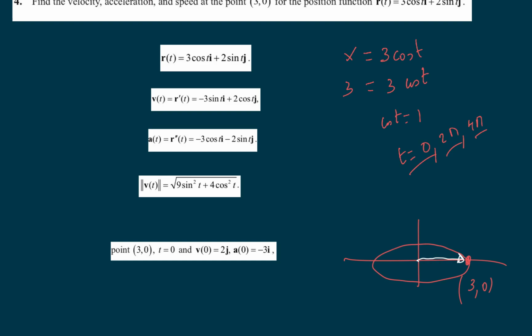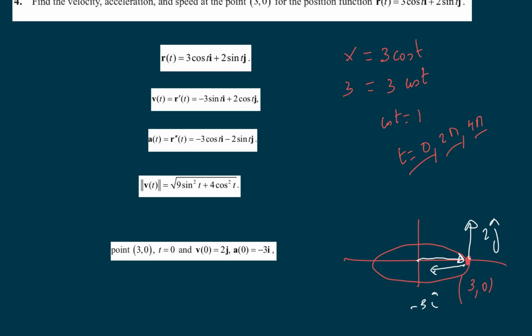The vector velocity at (3, 0), at t equals 0, is 2j, this vector. Meanwhile, the vector acceleration is minus 3i, this vector. So this is the problem.